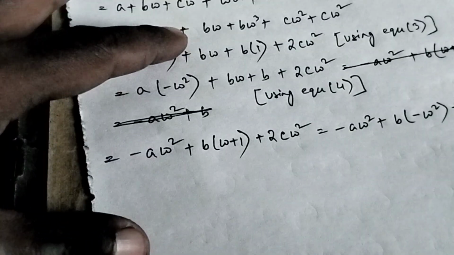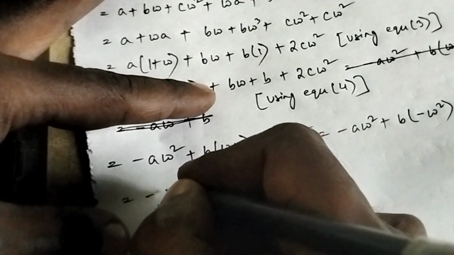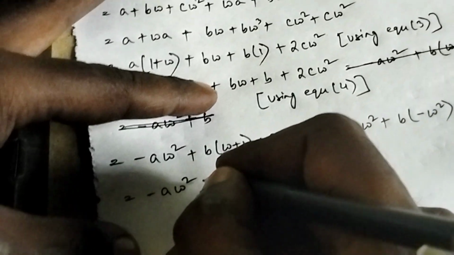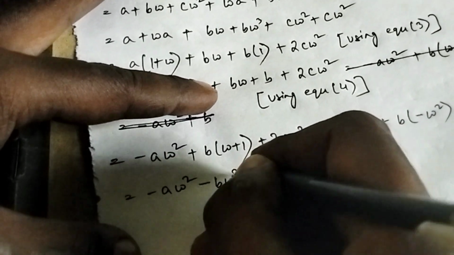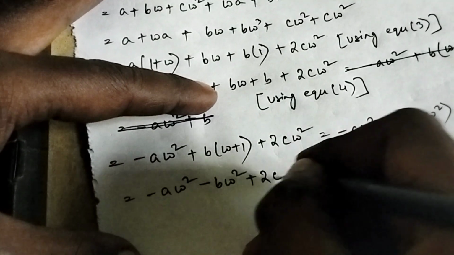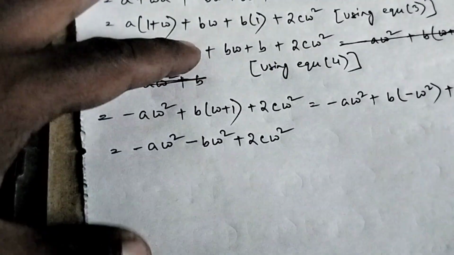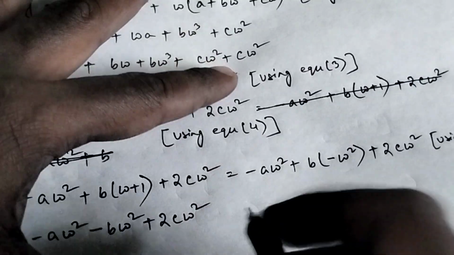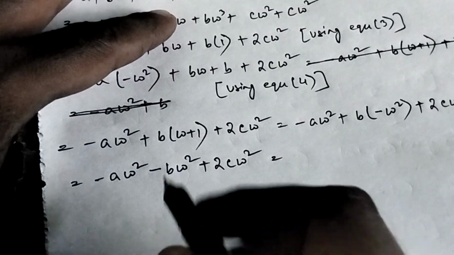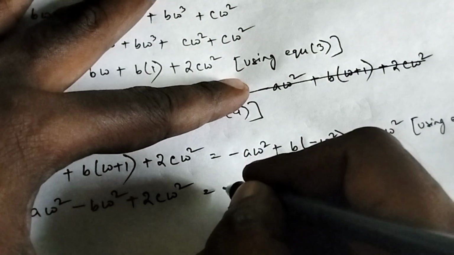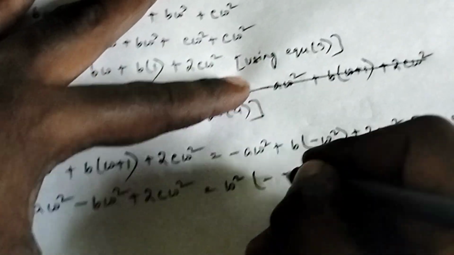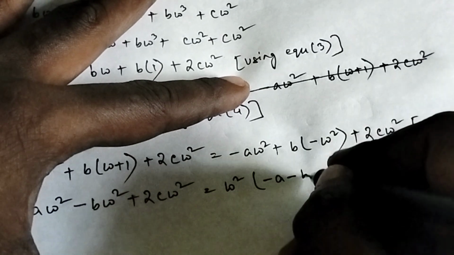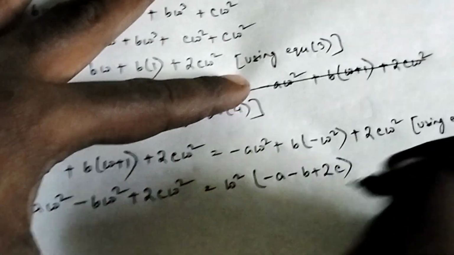So this will be minus a omega square minus b omega square plus 2c omega square. From here we can take omega square common: minus a minus b plus 2c.